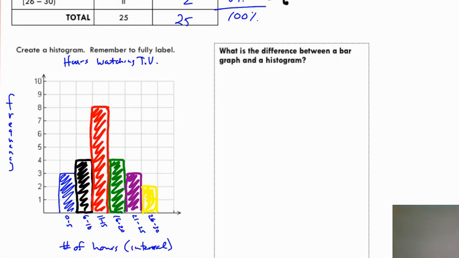Okay, so what's the difference between a bar graph and a histogram? Let's make a few points here. The types of data. So a bar graph, we are looking for categories.